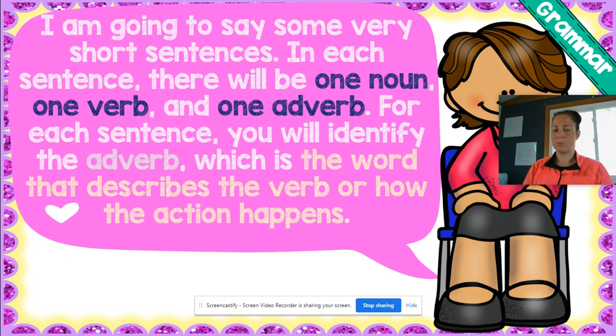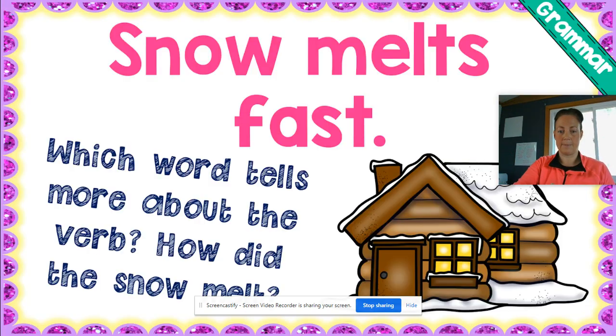So I'm going to say some short sentences, and in each sentence, there's one noun, one verb, and one adverb. Okay. We're going to try to identify the adverb. So, which word describes the verb or the action that's happening? Okay. Snow melts fast. Snow melts fast. Which word tells more about the verb? Okay. How did the snow melt?